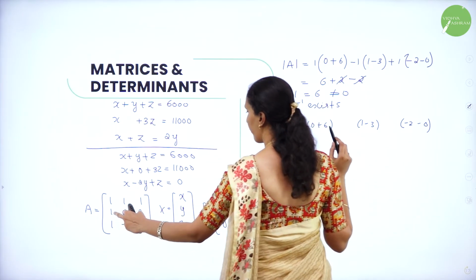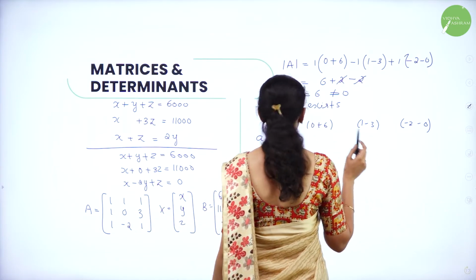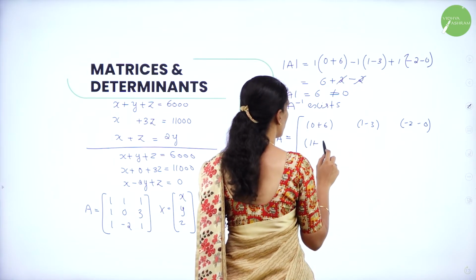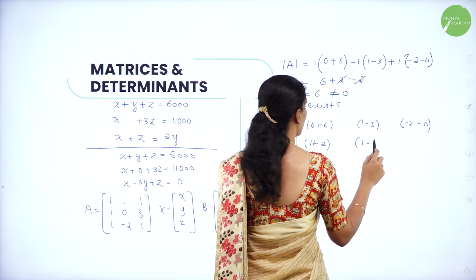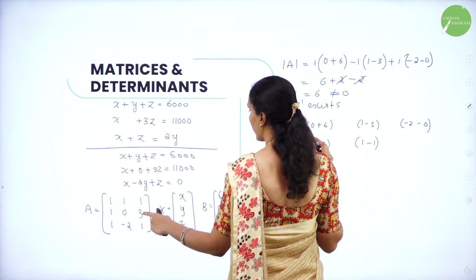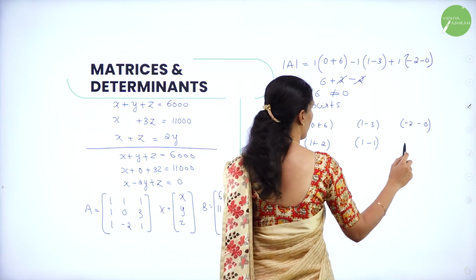Next we will look at 1. So delete the row, delete the column. 1 minus of minus 2 becomes plus 2. Next for 0, it is 1 minus 1. Next for 3, delete the row, delete the column. So minus 2 minus 1.